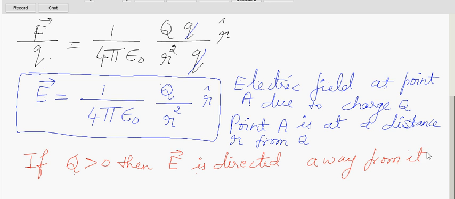As in this case, I have shown here the force and the electric field are going towards right. That means if Q is greater than 0, then E is directed away from it. If Q is less than 0, then E is directed towards it.